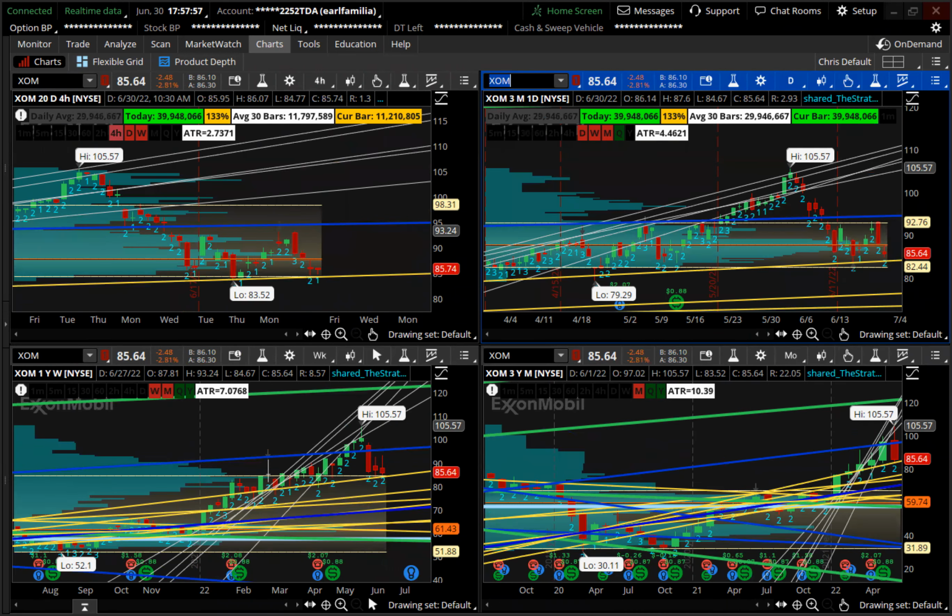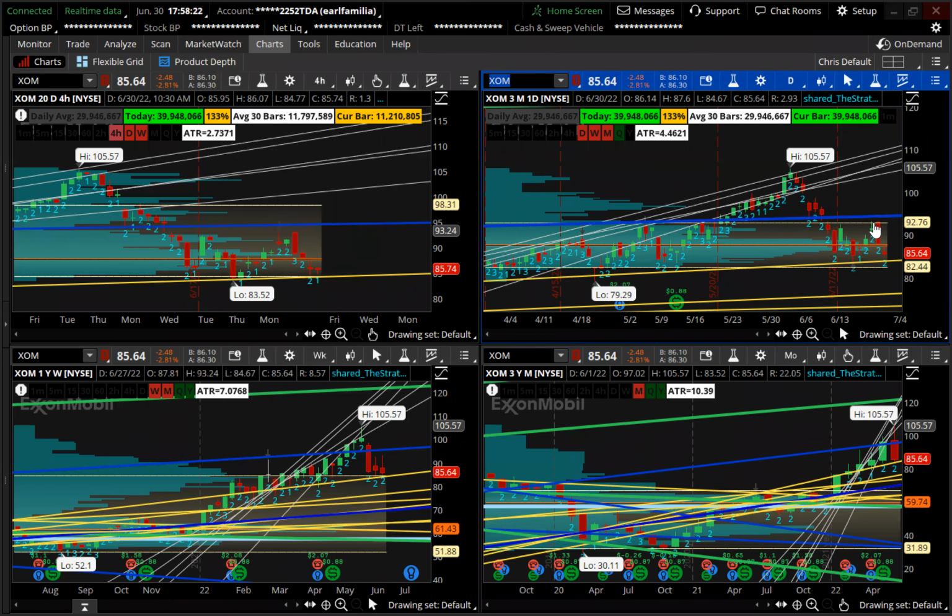XOM is next. On XOM, we got a 212. 212 on XOM, and that one will be above, I don't think it's going to go to the upside, 86.07. And then also on the day, we're looking at an entry above 87.60.